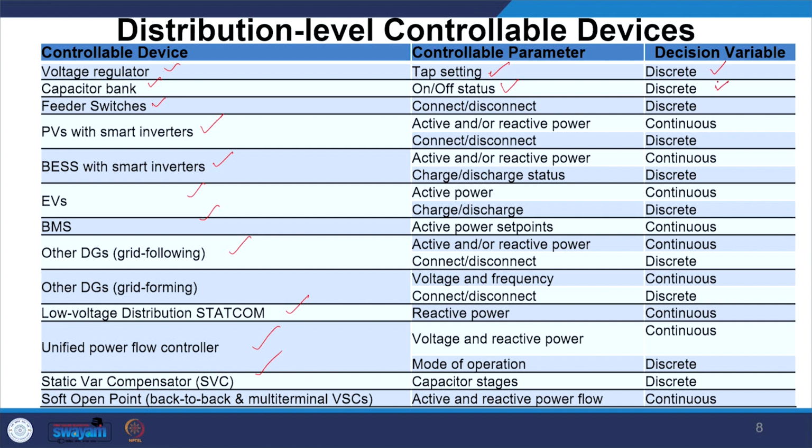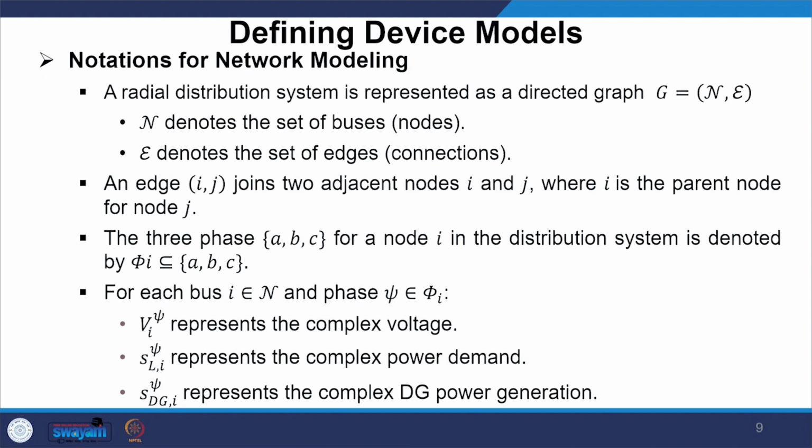Now, moving quickly to EVs, where active power, charging and discharging become control variables and they could be continuous and discrete. That means the controllable devices of the distribution system will have certain control parameters and those could be either discrete or continuous in nature. Now, let us move to notations for network modeling.